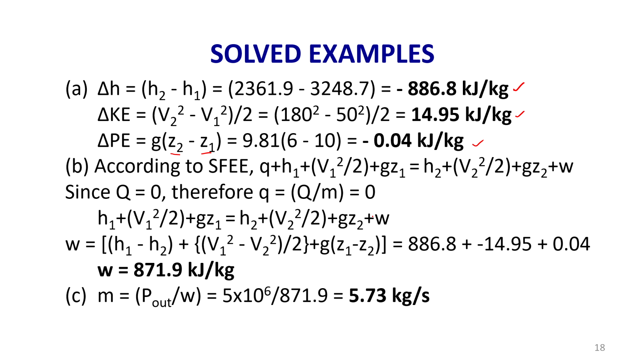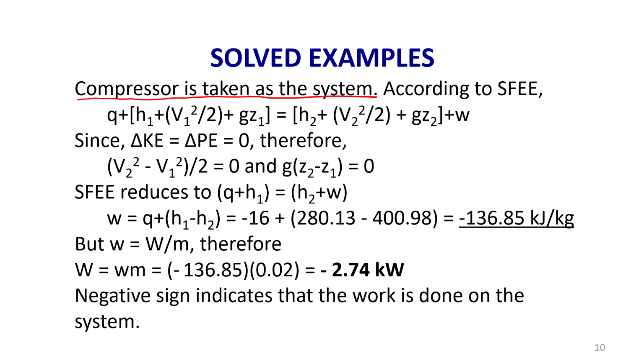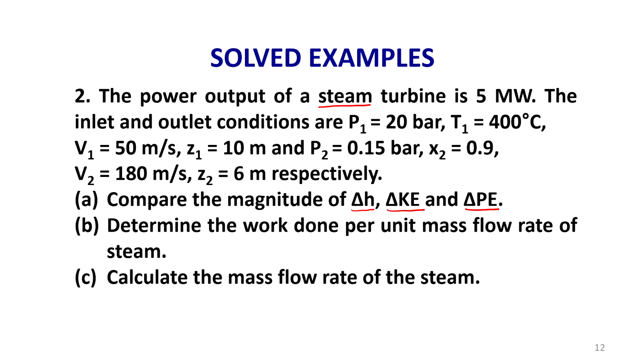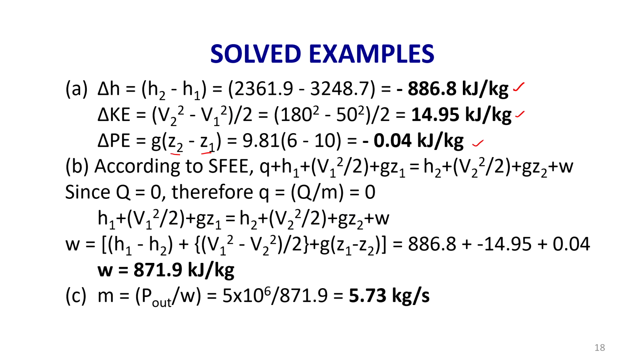And of course, the q term will be there. Here q is equal to 0 for a turbine. Therefore, Q by m will be equal to 0. So, that term will get cancelled. That is why I have not put it here, but otherwise see here you have q in the equation, this term is equal to 0 because capital Q is equal to 0.